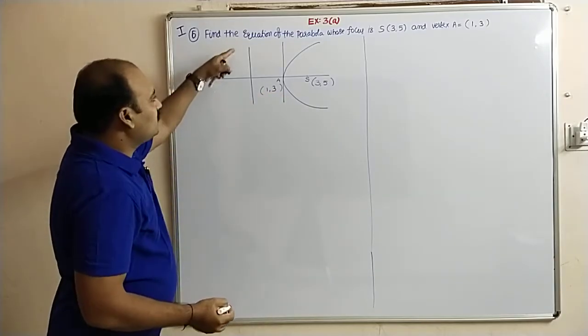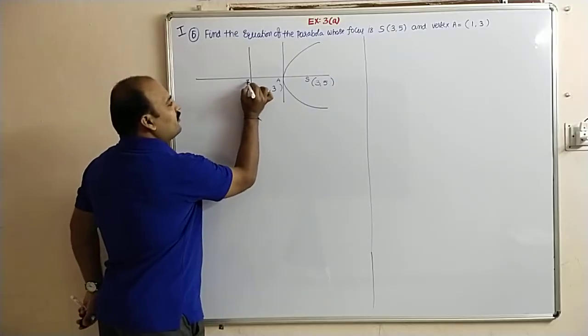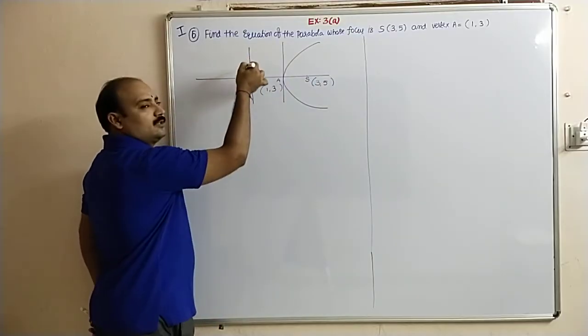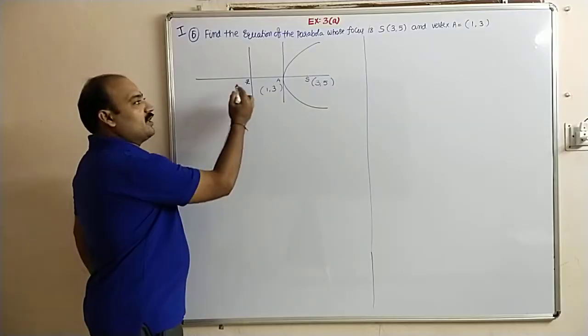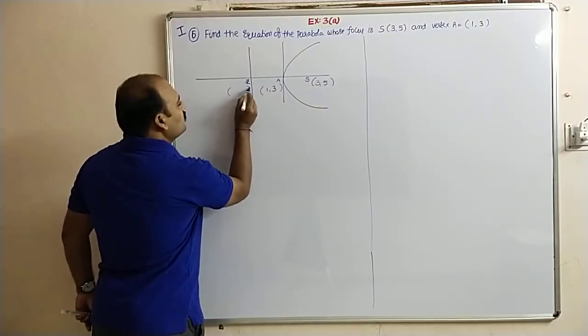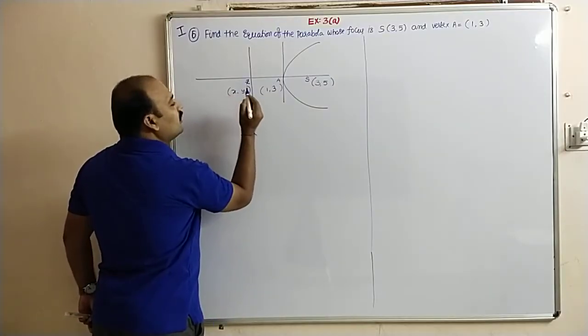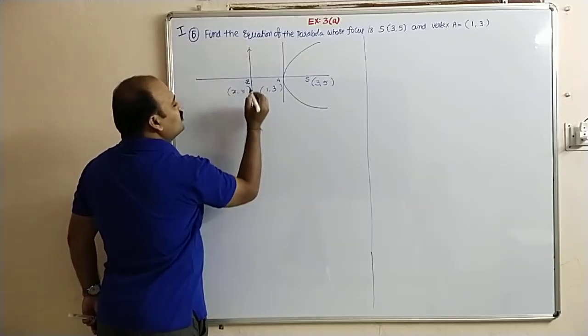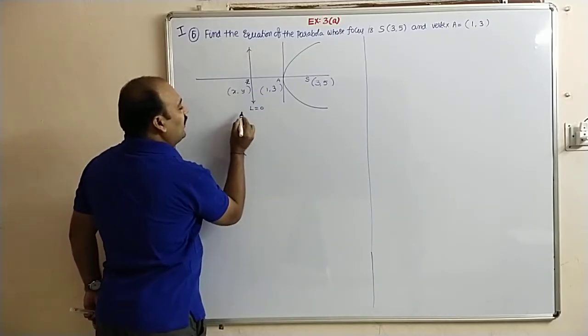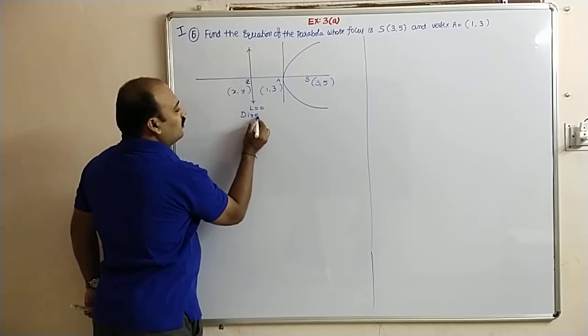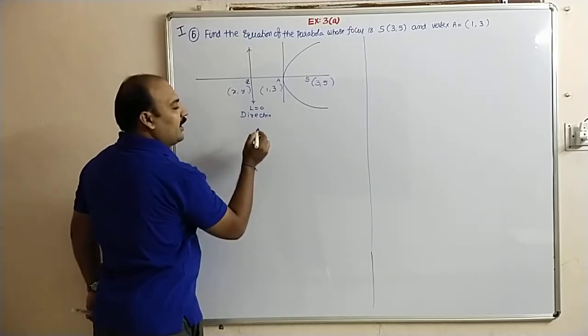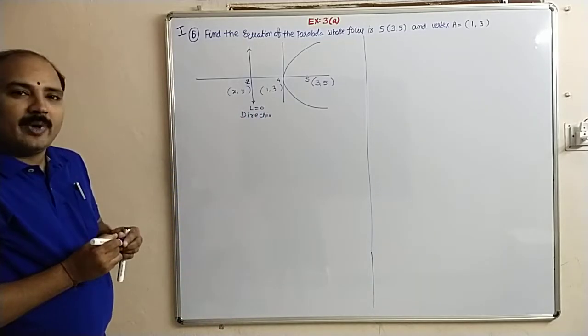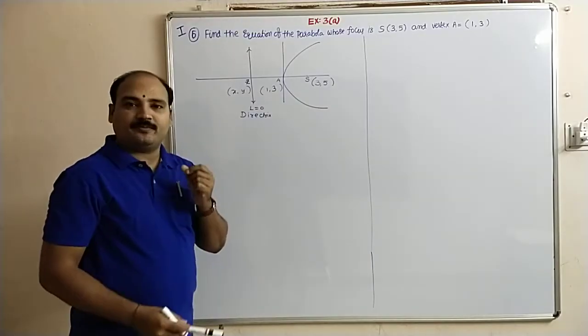And this is the directrix, and the point of intersection of axis and directrix is Z. We don't know the coordinates, so I am assuming x, y. This equation L equal to 0 is the directrix equation. I am going to calculate the directrix equation with the help of point Z.